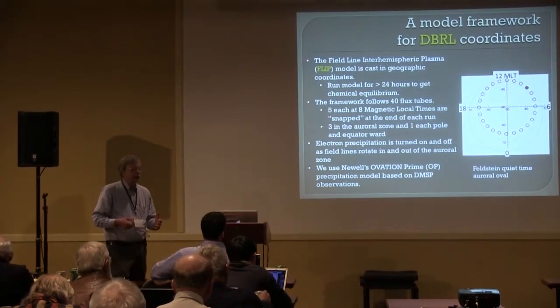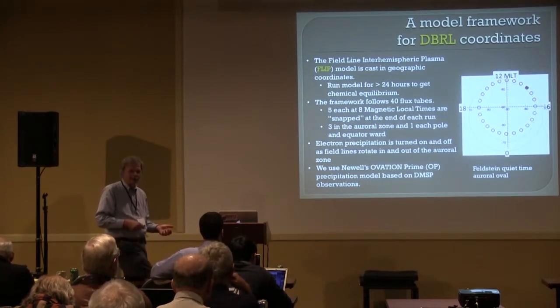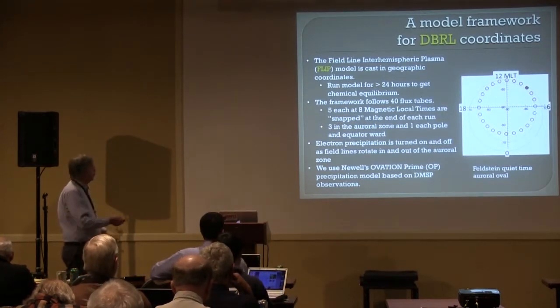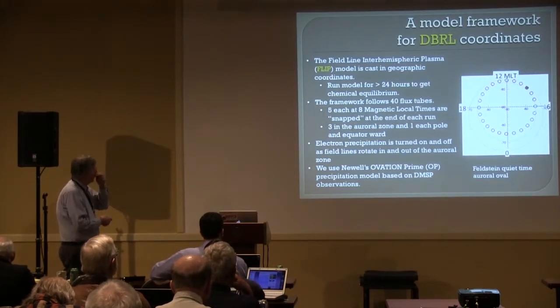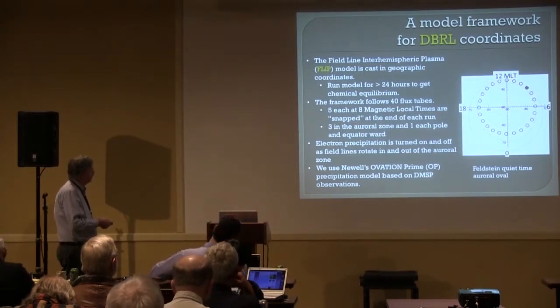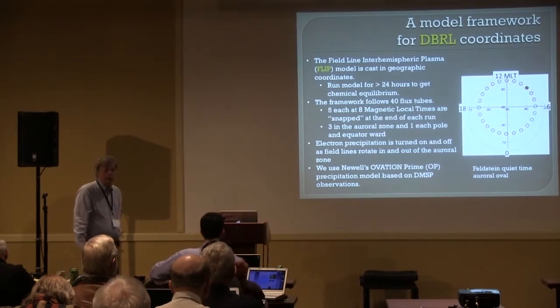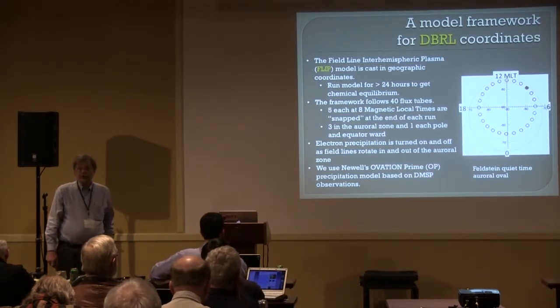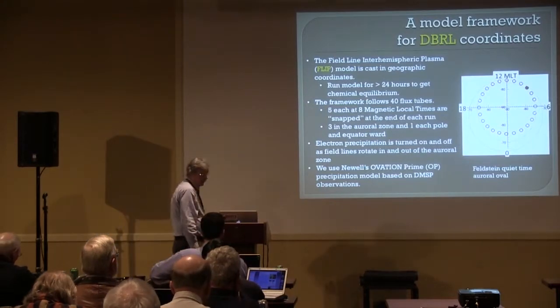So the reason we do this is FLIP is cast in geographic coordinates, and we've got to do the analysis in dynamic coordinates. And so we let these flux tubes rotate around. When they're in the auroral zone, we turn on precipitation, and when they're out, we don't. And we have 8 local times, 3 in the auroral zone, 1 poleward and 1 equatorward, and we use Newell's OVATION Prime model. Yes, this does not include convection, and I'll address that, but it does include precipitation.